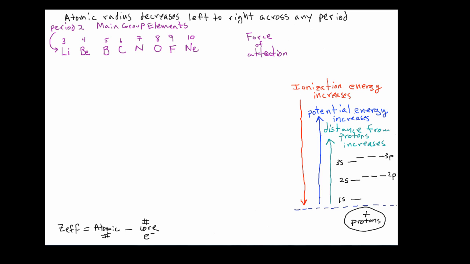The protons and the neutrons are in the nucleus, a very tiny, hard place that's got the vast majority of the mass. So the protons and the neutrons are not contributing to the size of the element. It is all about the electrons and how tightly they're being pulled towards the protons that determines the radius or the size of the element.